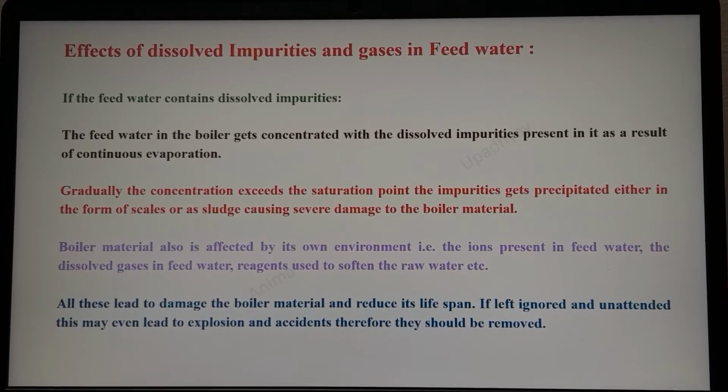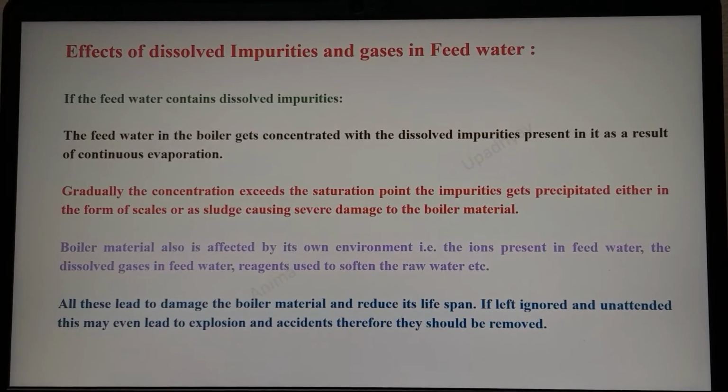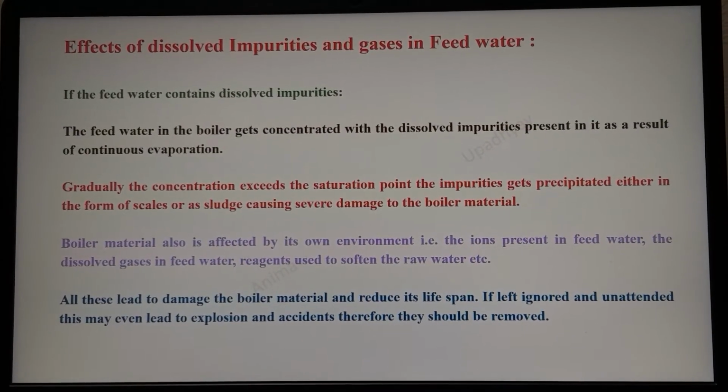These scales and sludge are very damaging because they damage the material of the boiler.